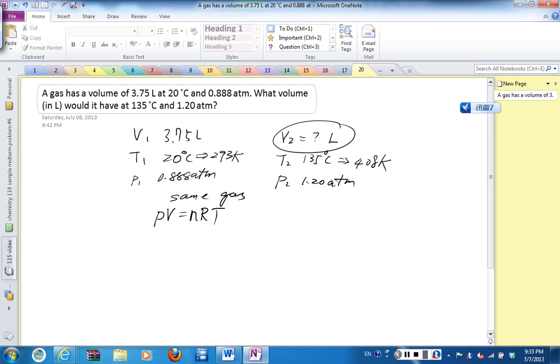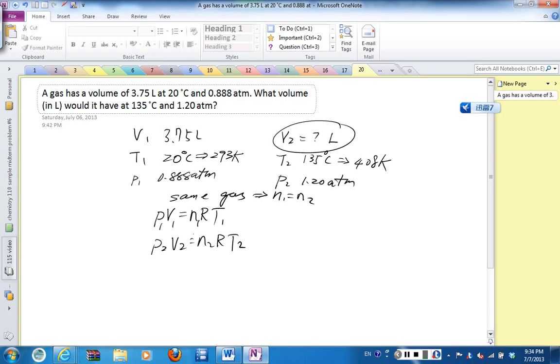So that means P1 V1 equals n1 R T1, and P2 V2 equals n2 R T2. Well, how does that help us? Now, think about it. This is the same gas, which means n1 definitely equals n2. There's no change.